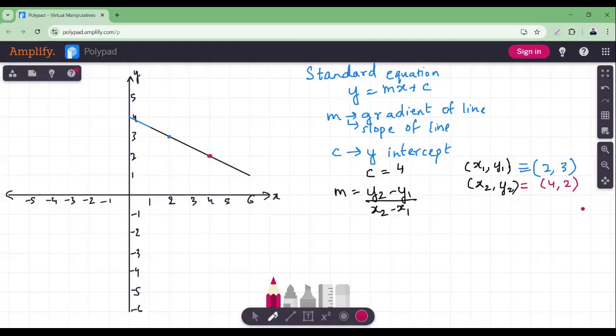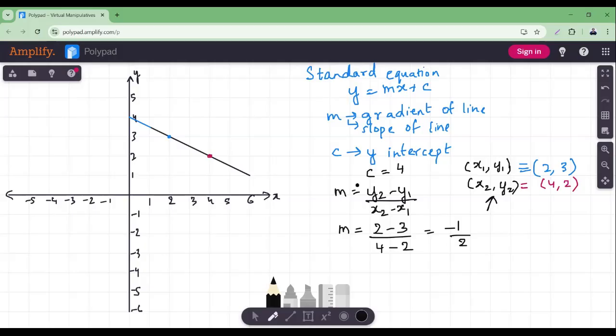Now I have x1, y1, x2, y2, and I just have to find the slope. y2 is 2, y1 is 3, over x2 is 4 minus x1 is 2. I'm getting minus 1 over 2. So this is my slope.